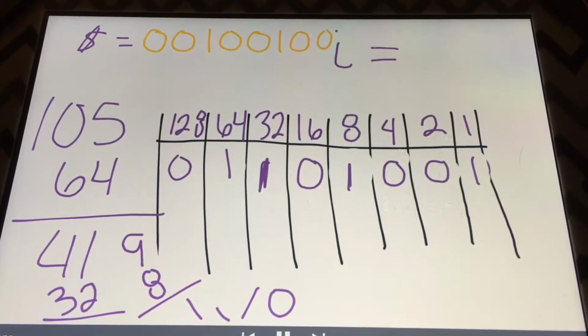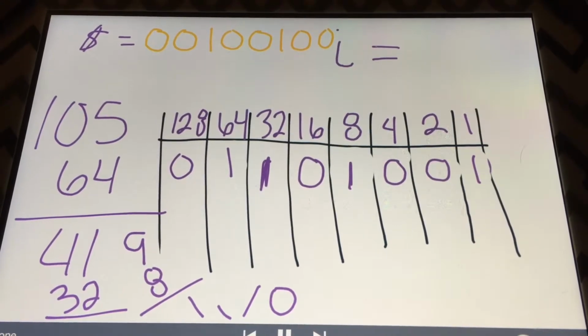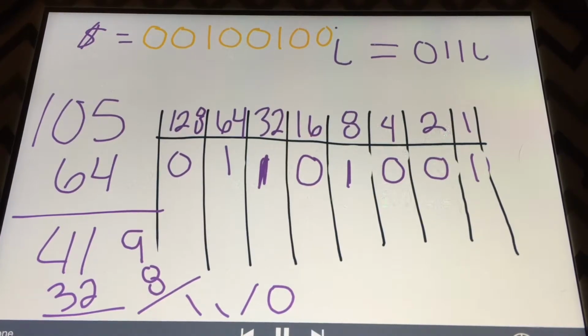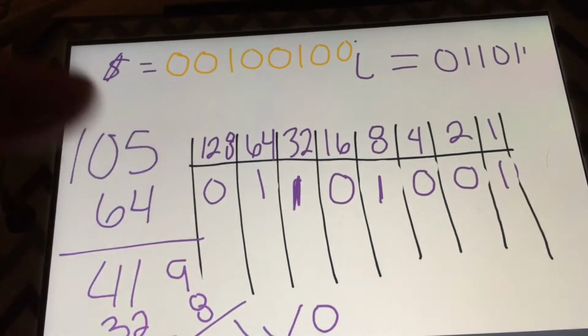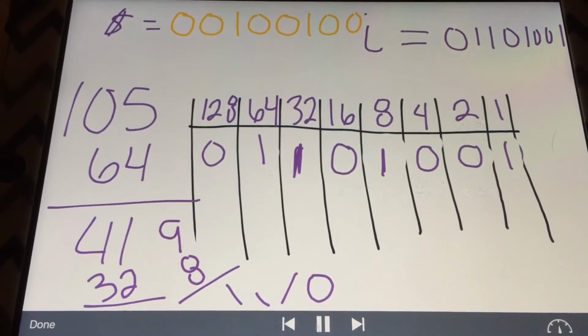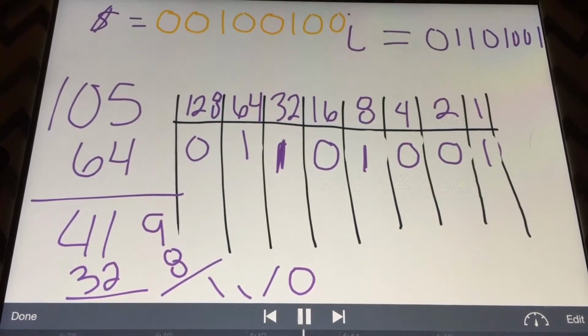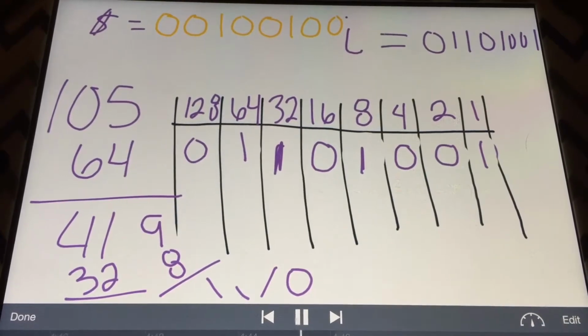So, for I, that binary code is 0, 1, 1, 0, 1, 0, 0, 1. That is how you convert a character to binary code.